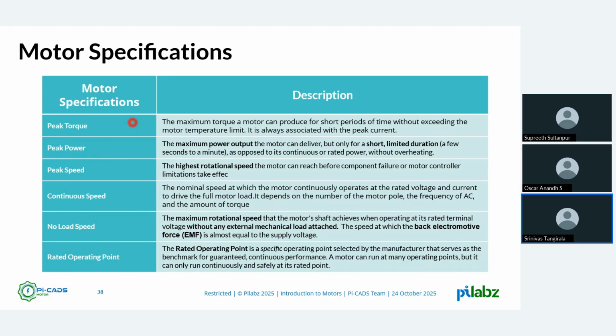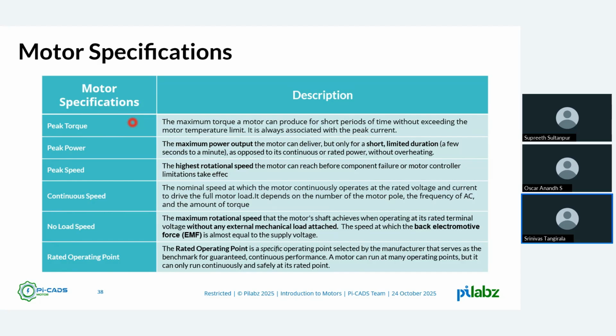So that back EMF is almost equal to the supply voltage at this no load speed. So if you just take a motor and, without passing current, rotate it using another motor maybe, it will produce a voltage. At that maximum speed, the voltage that it produces is equivalent to the supply voltage without any load.